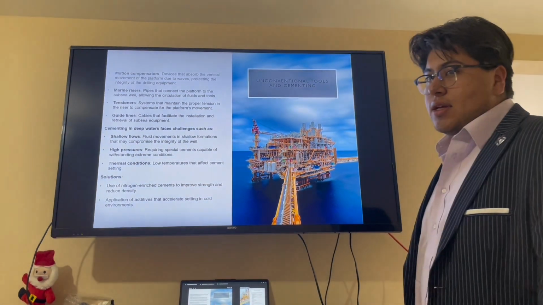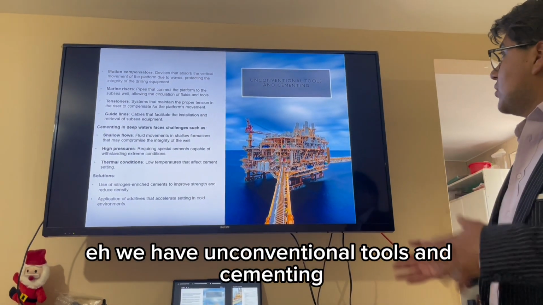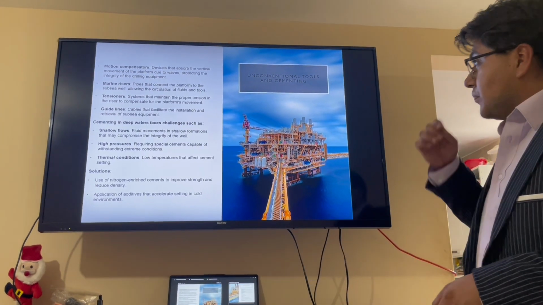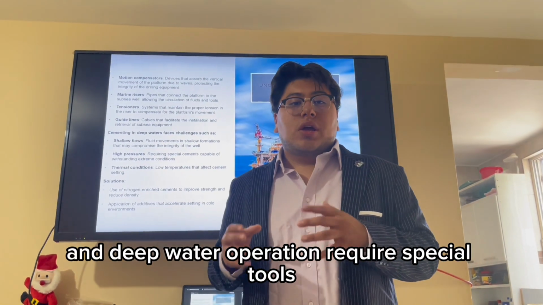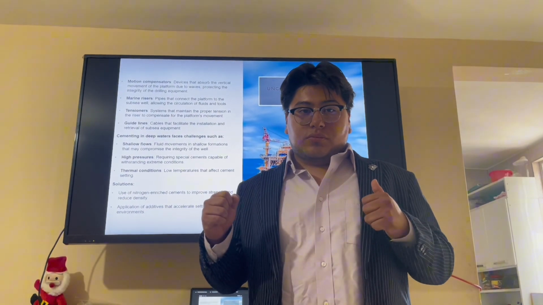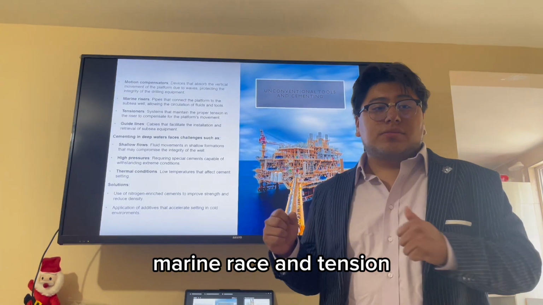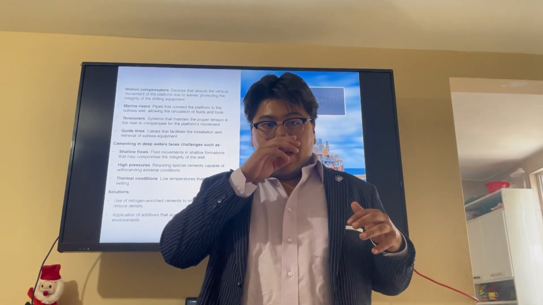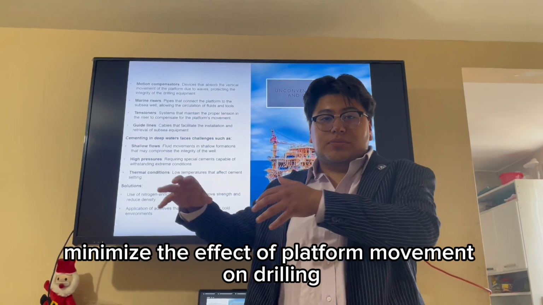The next, we have unconventional tools and cementing. Deep water operation requires special tools such as a motion compensator, marine riser, and tensioners. This helps minimize the effect of platform movement on drilling.